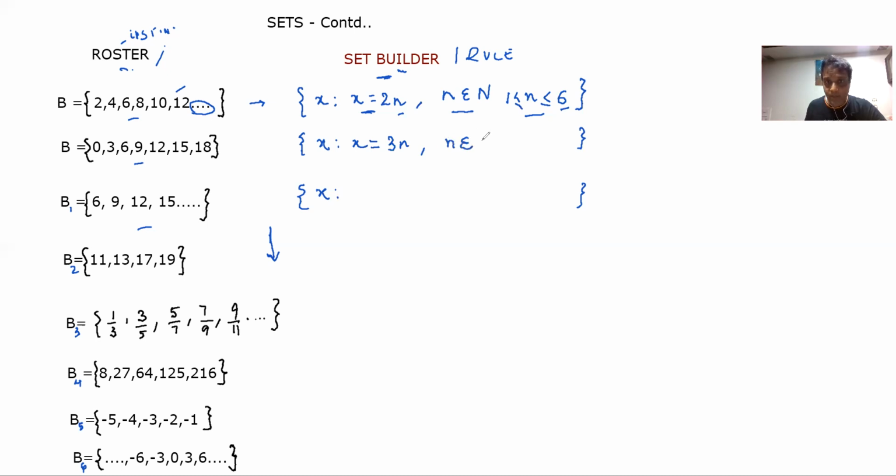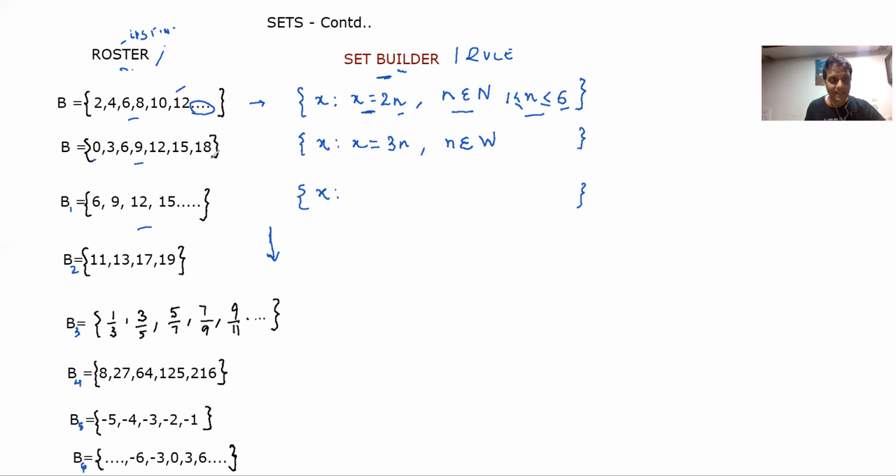Should I write natural numbers or whole numbers? Whole numbers, because this series starts from 0 and 0 is a whole number. I cannot write natural number because natural number starts from 1. The moment I put 1, I get 3, which is the second number, so I miss out on 0. So the first number has to be 0. The moment I put 0, I get 0.